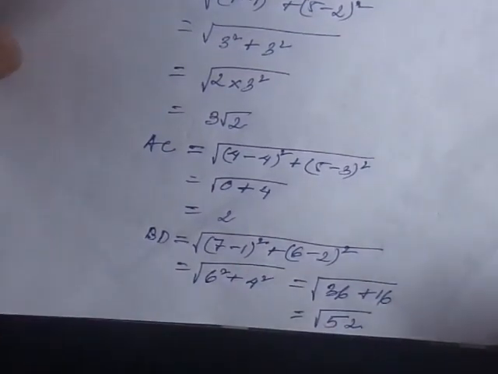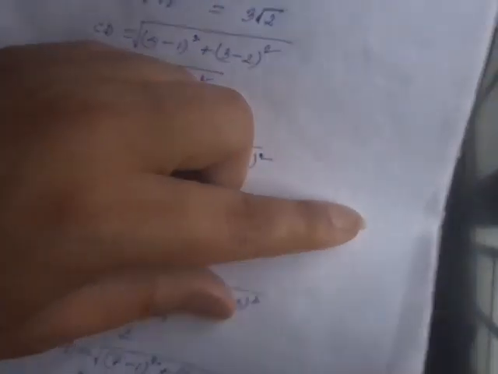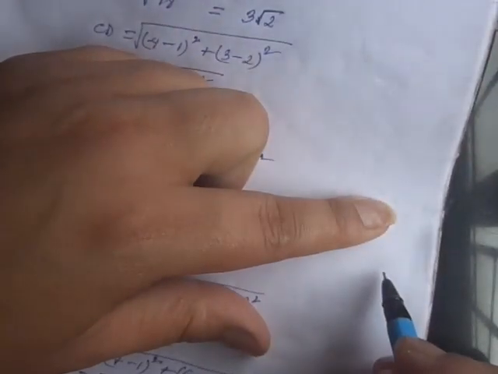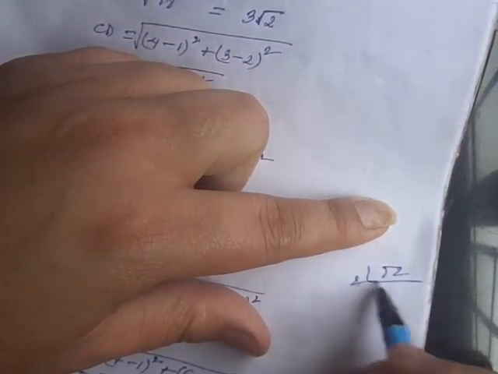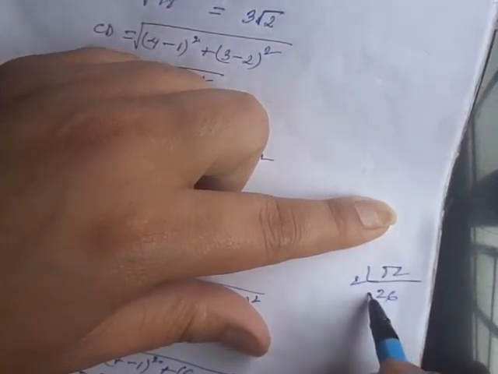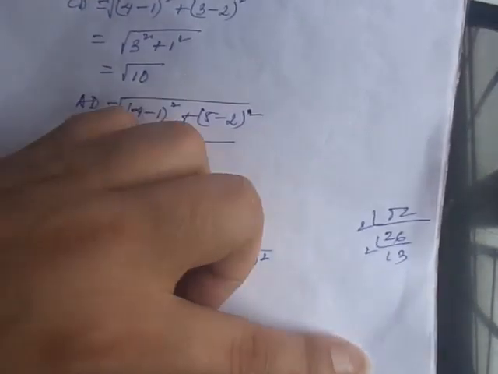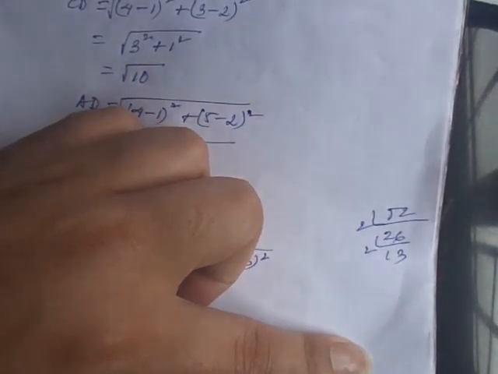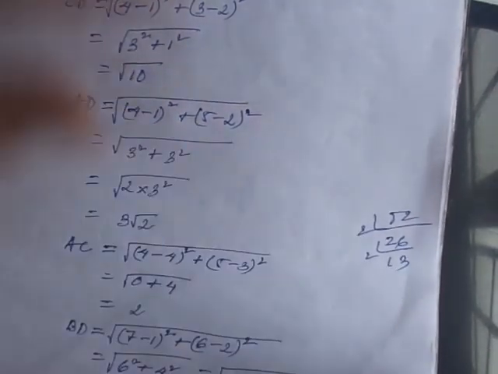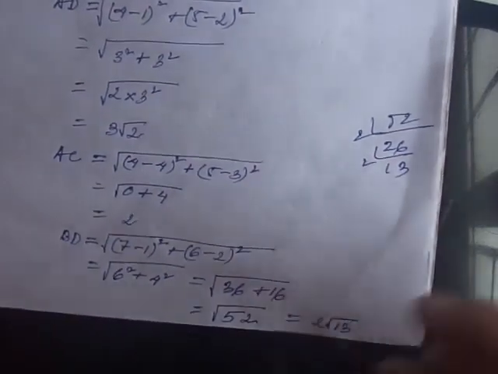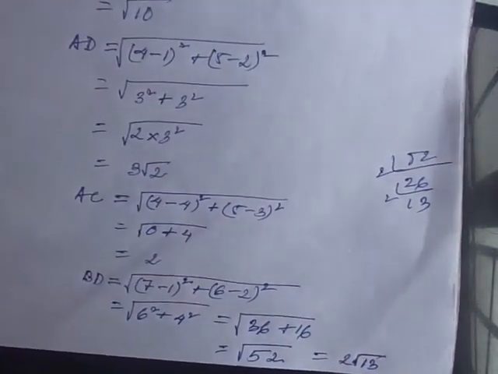Okay, this root 52 is equal to 2 root 13. Now it seems to have one problem here.